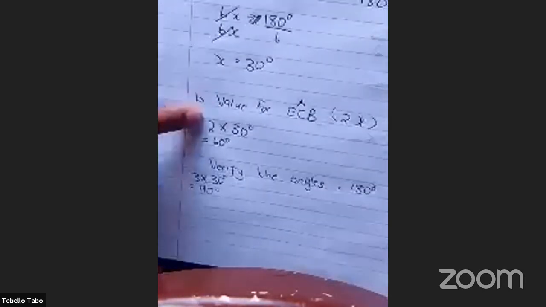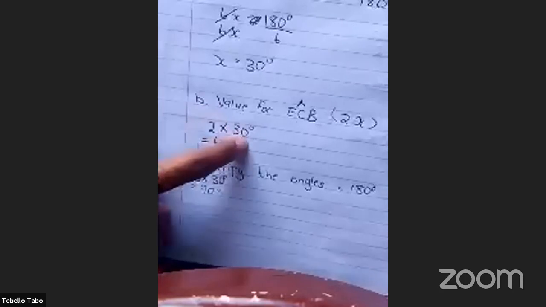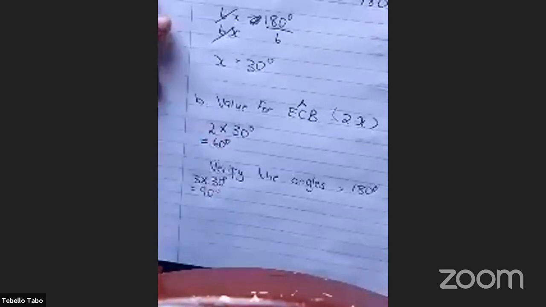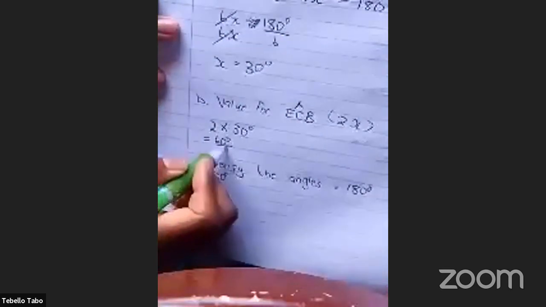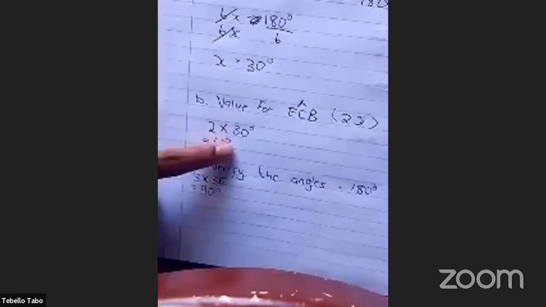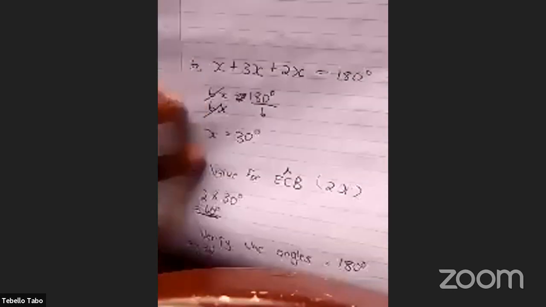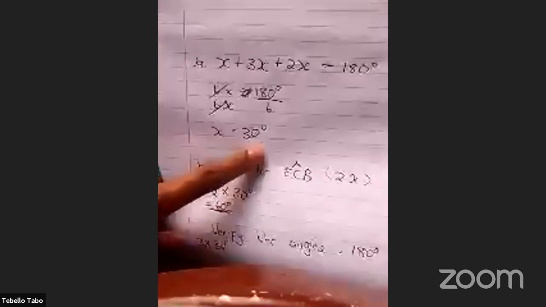We'll have 2 multiplied by 30 degrees equals 60 degrees. Here's our answer for 2x. Where are we getting this 30? We calculated the value of 30 in number A. We found out that our x equals 30 degrees.